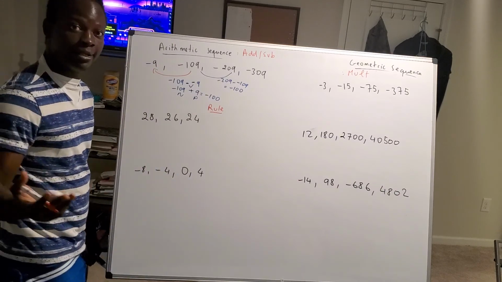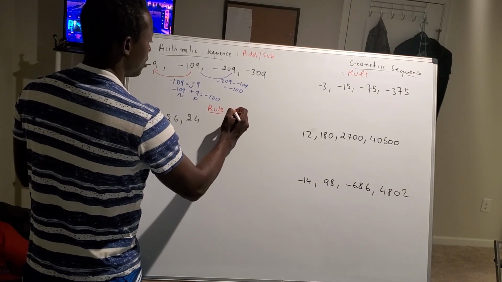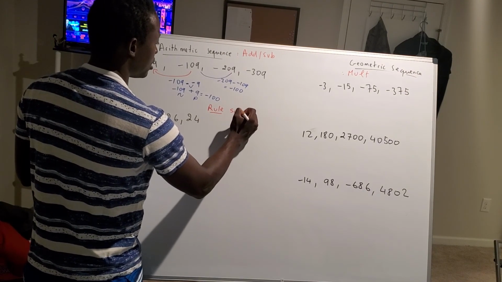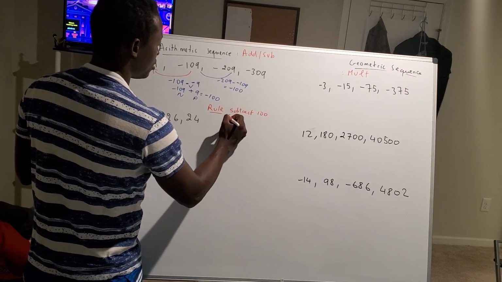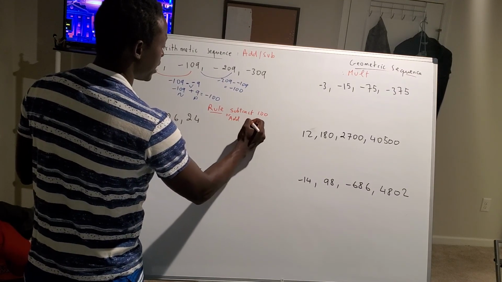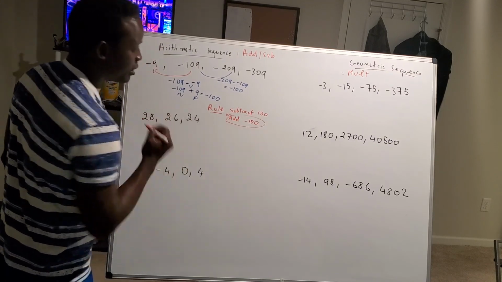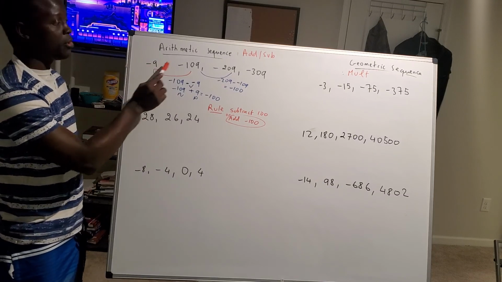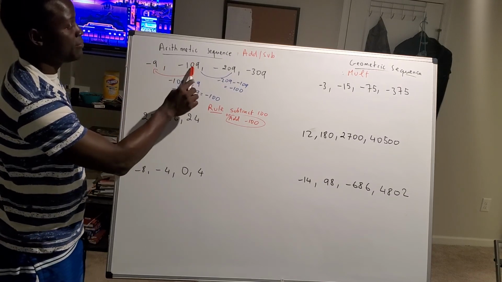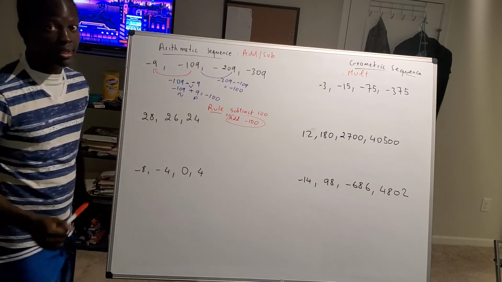You can say add negative 100 or subtract 100. I prefer the second one, add negative 100, right? Negative 9 plus negative 100 is negative 109. Negative 109 plus negative 100, negative 209, and so on.